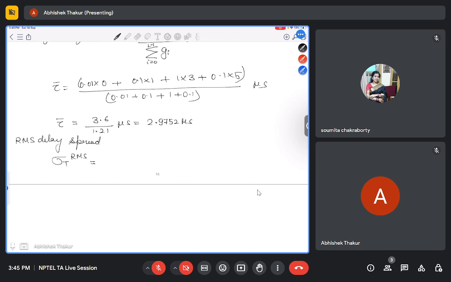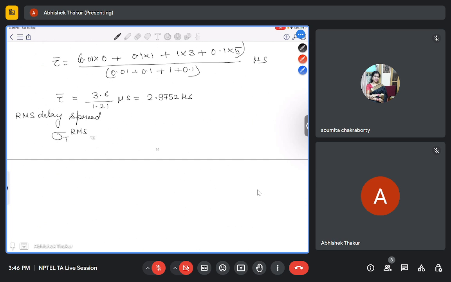This is equal to the square root of the summation of Gi into tau i minus tau bar squared, divided by the summation of Gi.